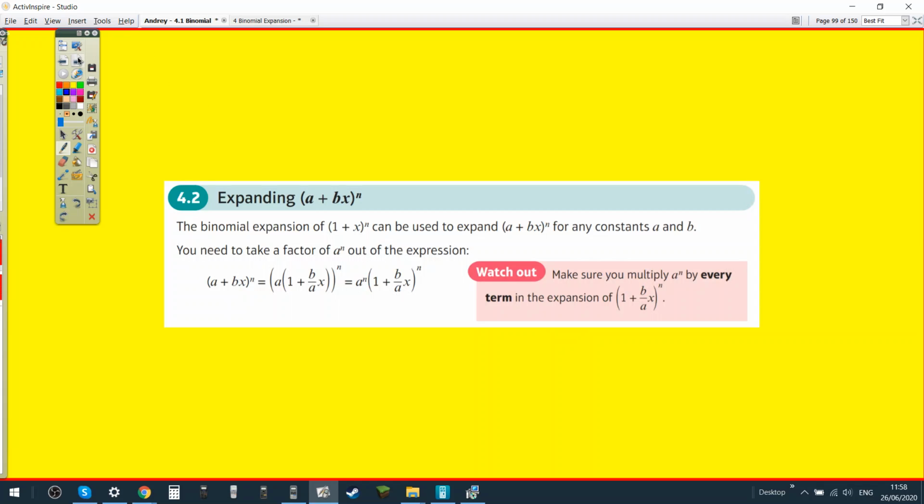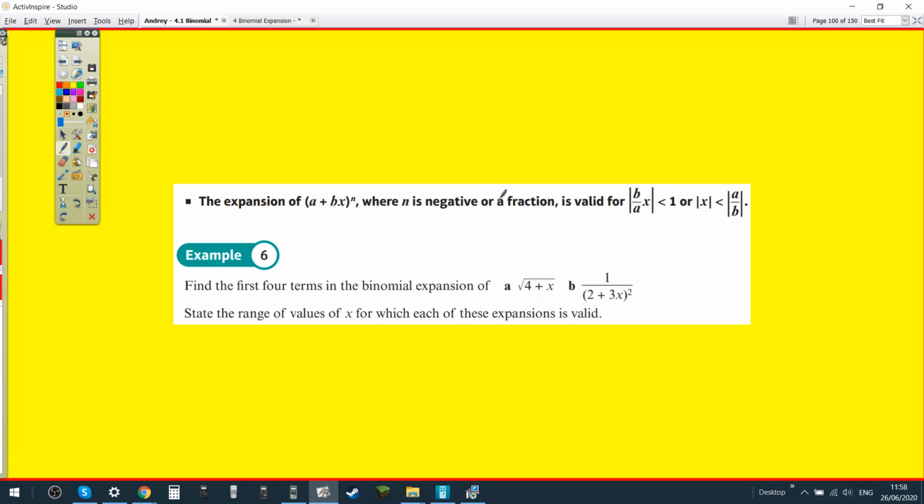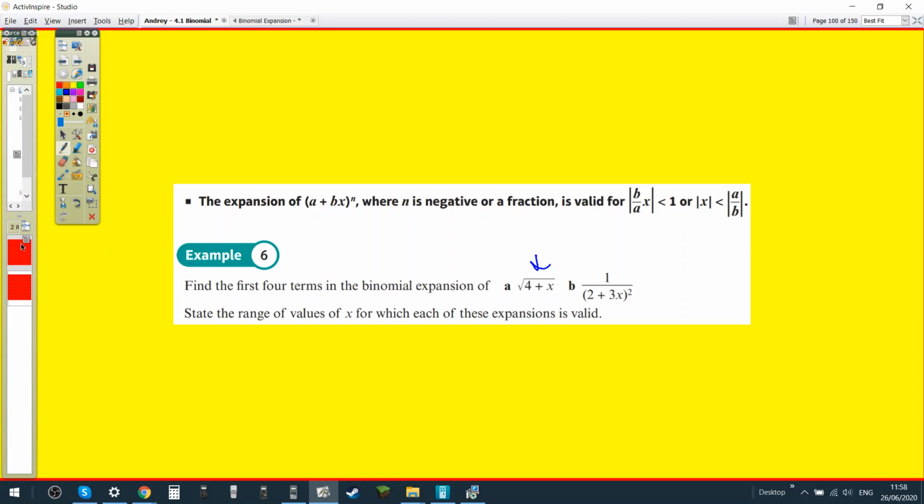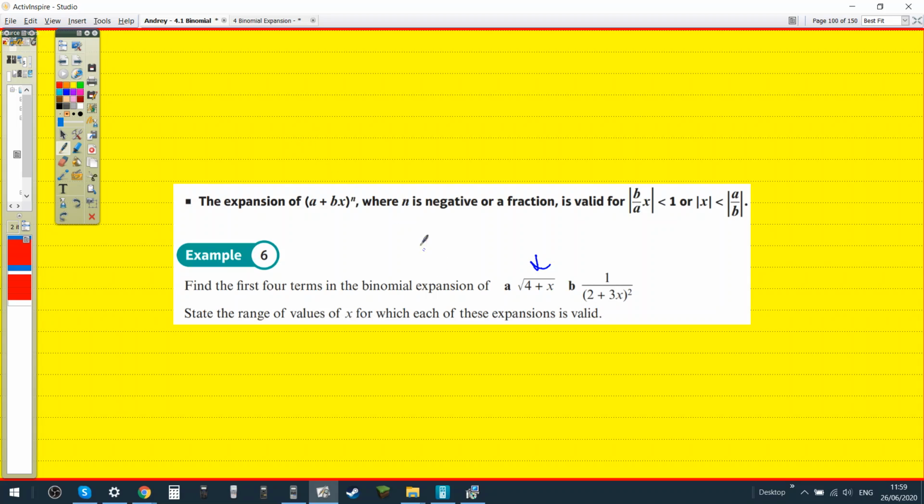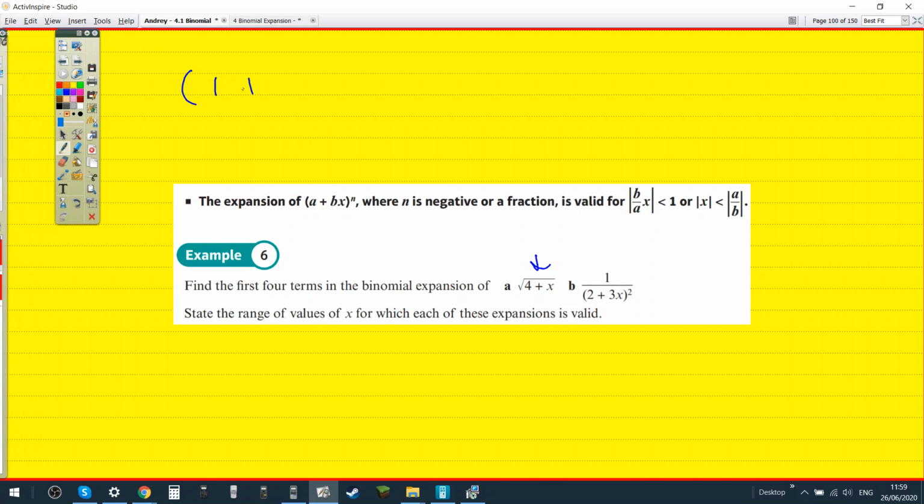I can just give you a little idea of it. See, this first one is 4 plus x. Our formula specifically says 1 plus ax. And so the way you would do that is 4 plus x to the half. You factorize out the 4. And so it becomes 4 on the outside, 1 plus a quarter x on the inside.